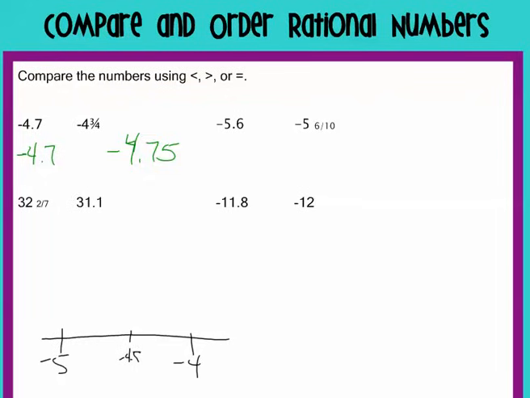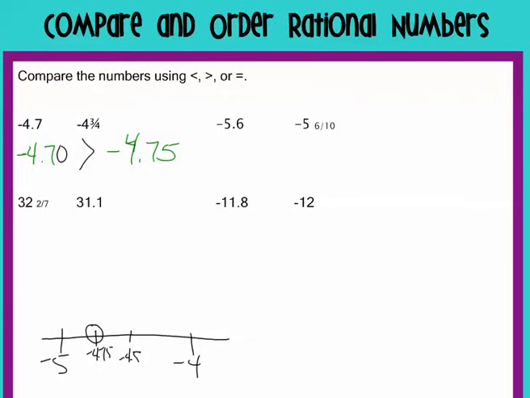We know we're going to be closer to negative 5 for the negative 4 75/100. Now, negative 4 7/10 is like negative $4.70. Well, that's a little less money, so that's going to be closer to zero. So in this case, negative 4 7/10 is going to be greater than negative 4 75/100.